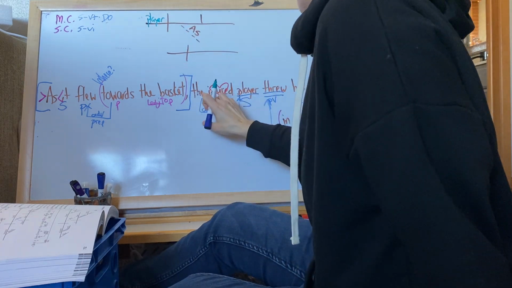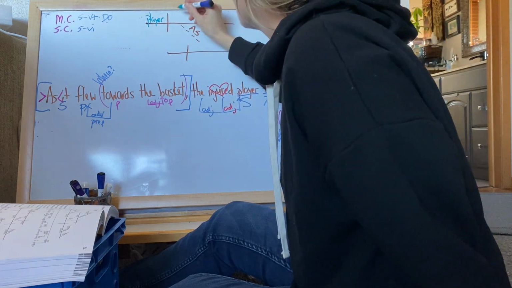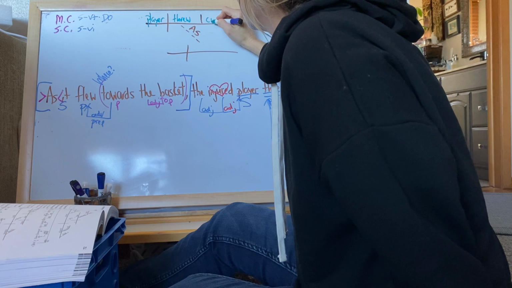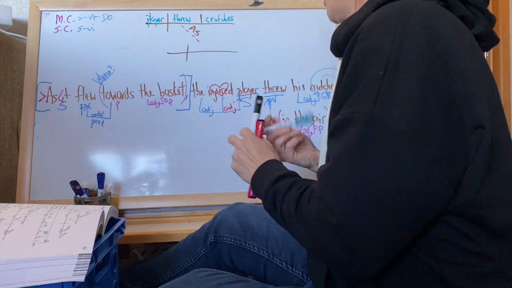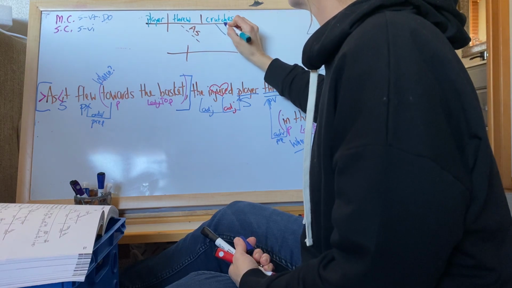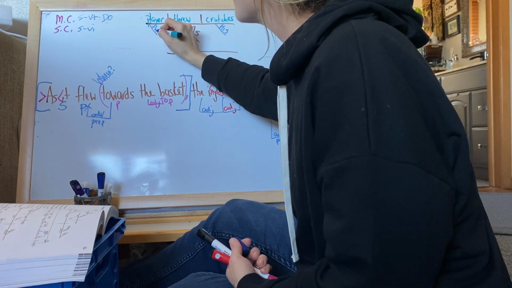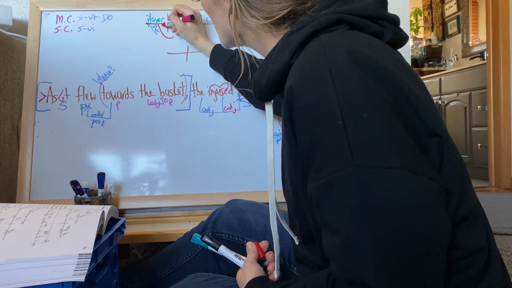Okay. The injured player threw crutches. Whose crutches? His. Which player? The. Wait, and which player was it? Oh, it was the injured.